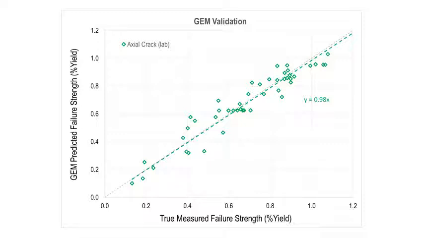They don't fall along the line perfectly, but it seems that the non-conservative data points on the top half of the line pretty much offset the overly conservative data points on the bottom part of the line, and we get a trend line slope of y equals 0.98x. So that means that overall, on average, the GEM model seems to be about 2% a little bit overly conservative. And I think that in the great scheme of things, that's pretty good.